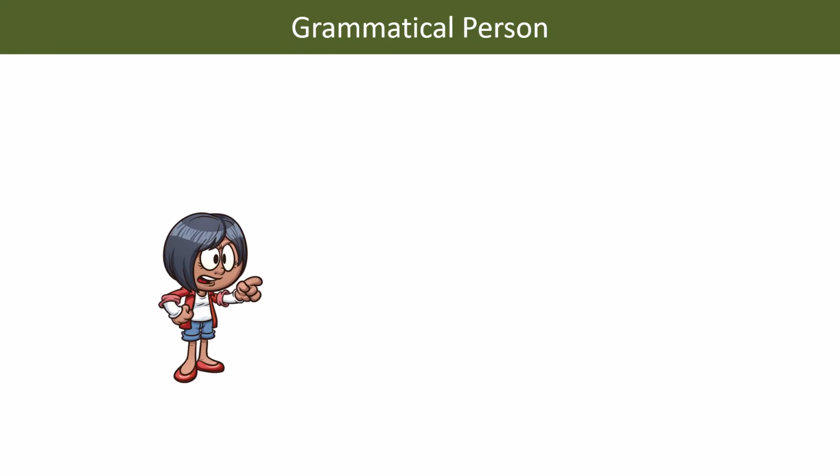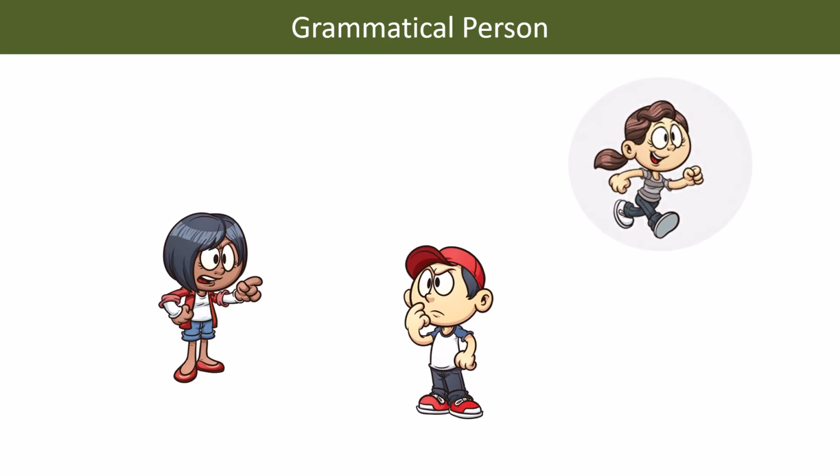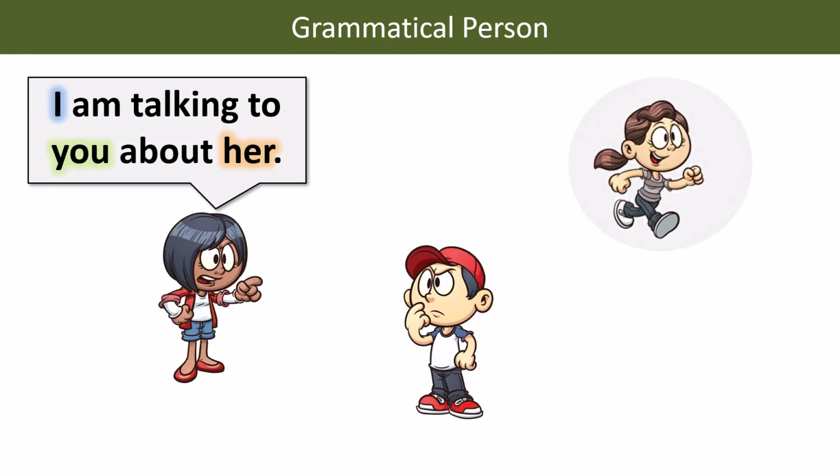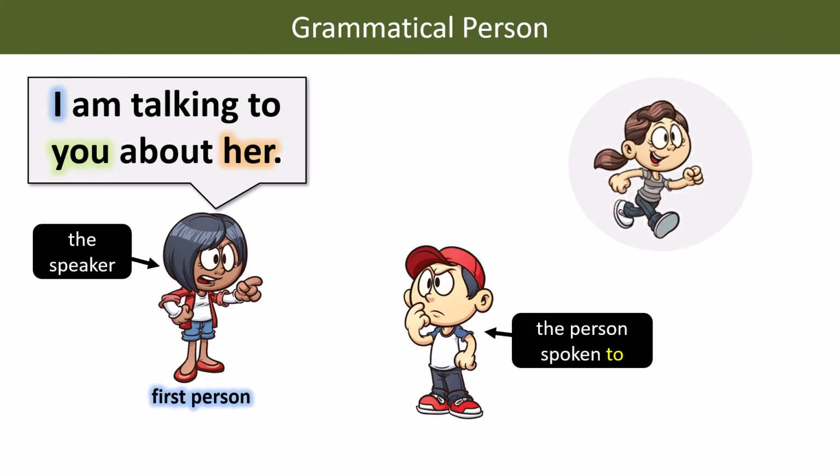So here we have 3 people. And the speaker says, I am talking to you about her. The speaker is the first person. It equates to the pronoun I. The person being spoken to is the second person. It equates to the pronoun you.